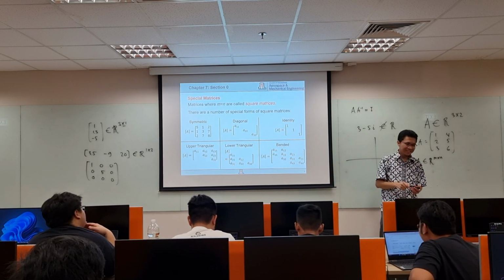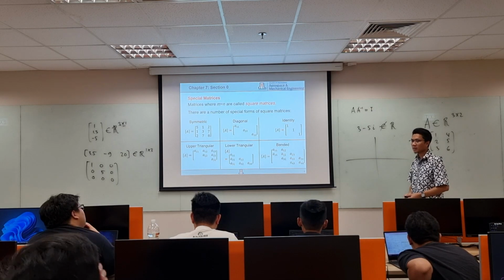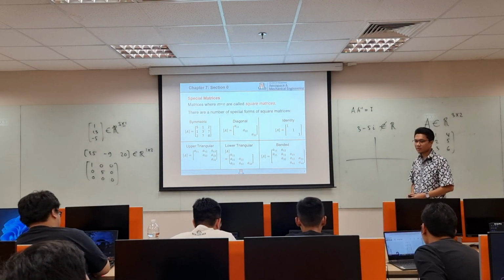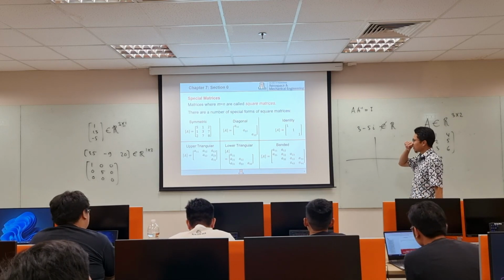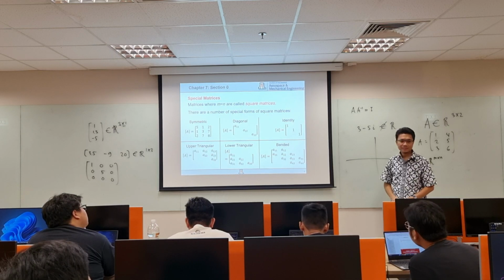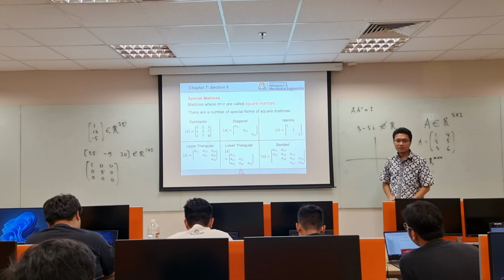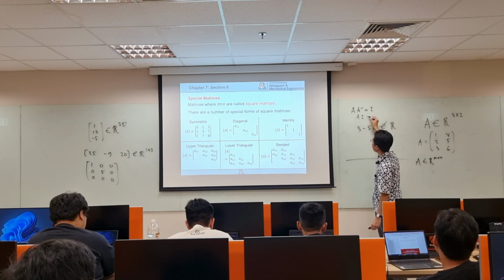Of course, it is the identity matrix. What else do you remember about the identity matrix? What if we multiply a matrix A by the identity matrix? What do we have?